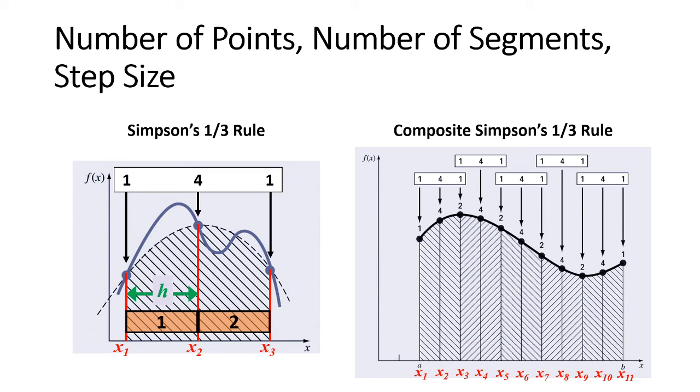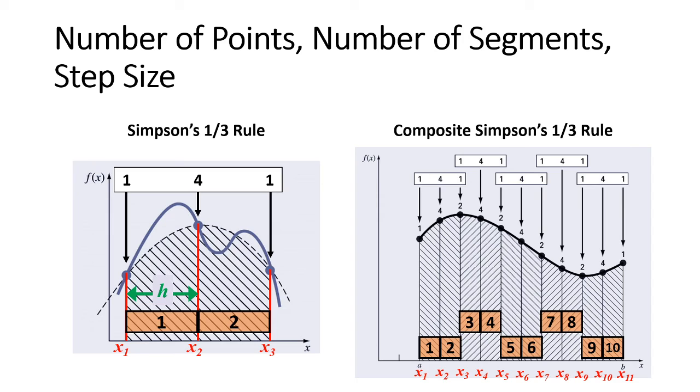Composite Simpson's one-third rule means that we are applying Simpson's one-third rule multiple times. Every time I apply Simpson's one-third rule, I will use 2 segments. So for the second time, I will use 4 segments. The third time, I will use 6 segments. The fourth time will be 8 segments, and the fifth time will be 10 segments.